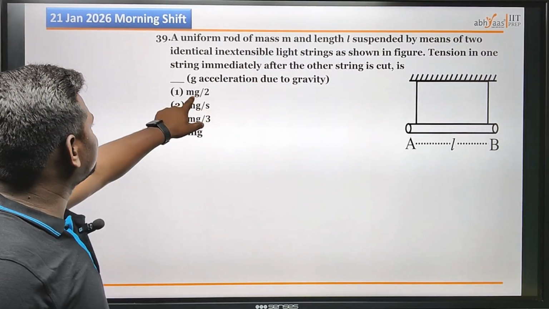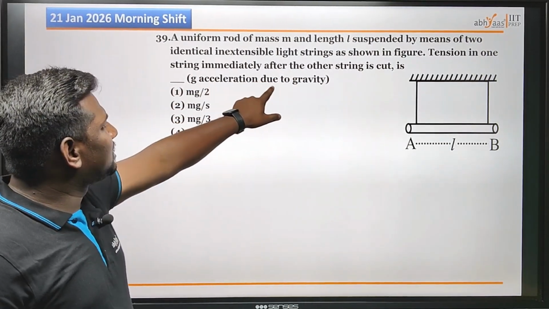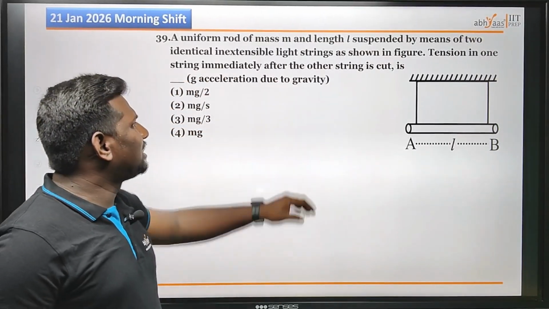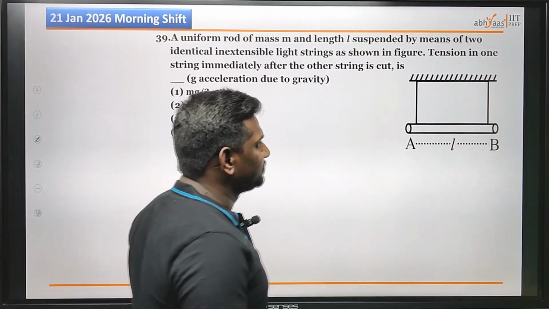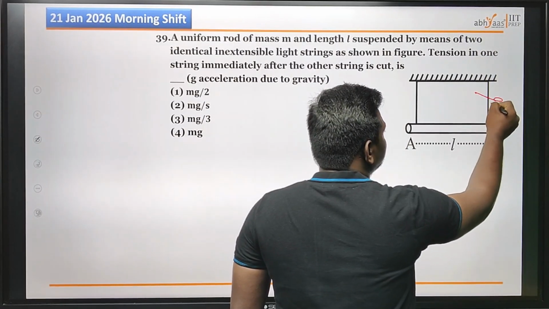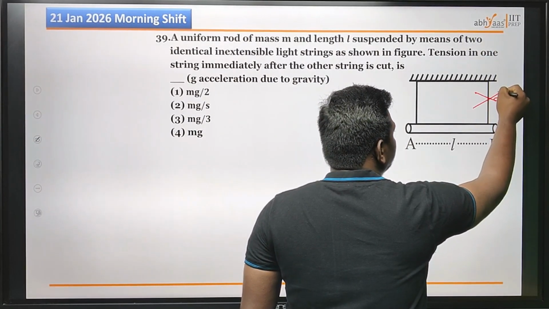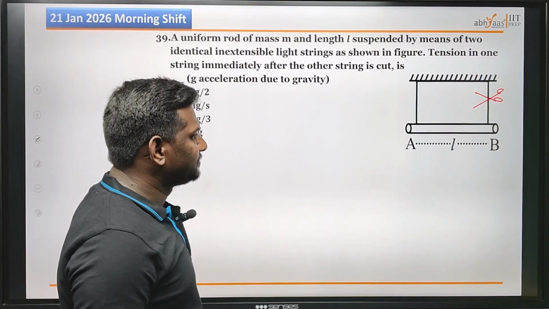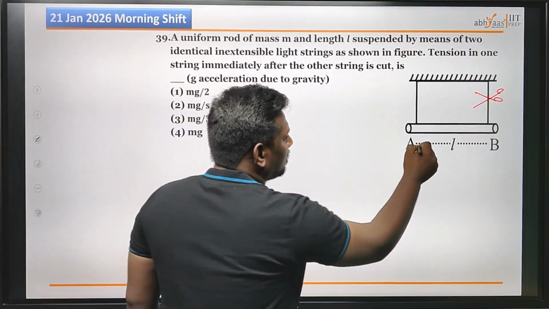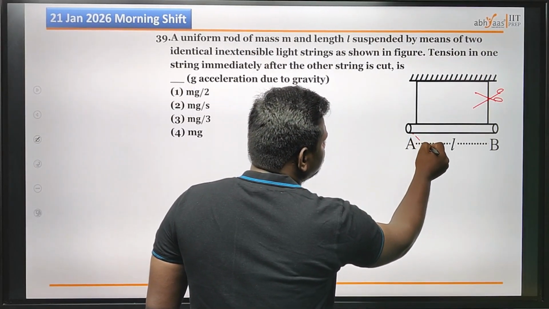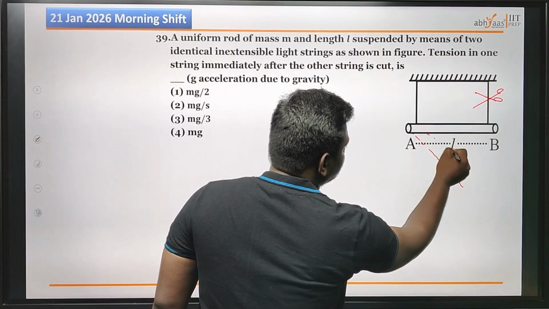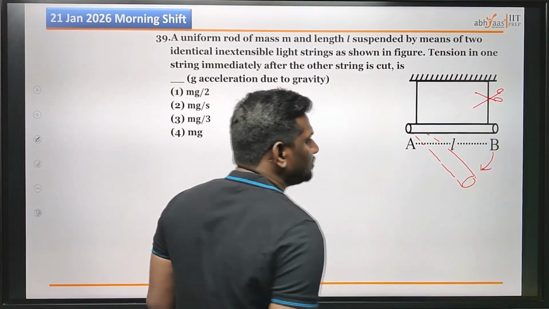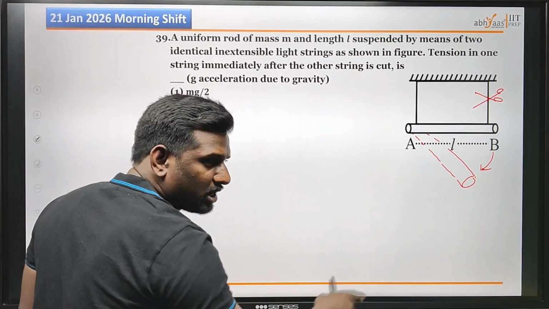Find the tension in one string immediately after the other string is cut. One string is cut, what will happen? So the rod will move like this, rotate like this one.